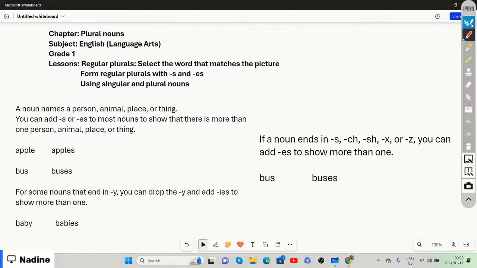So apple shows one apple. It's one thing. But if we want to make mention of more than one apple, then we will just add an S to the word apple to change the word from singular to plural.